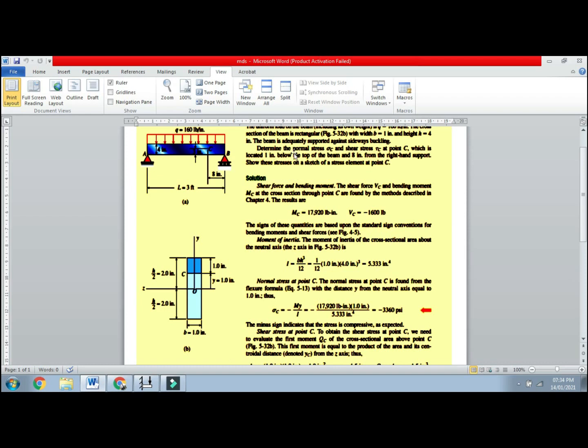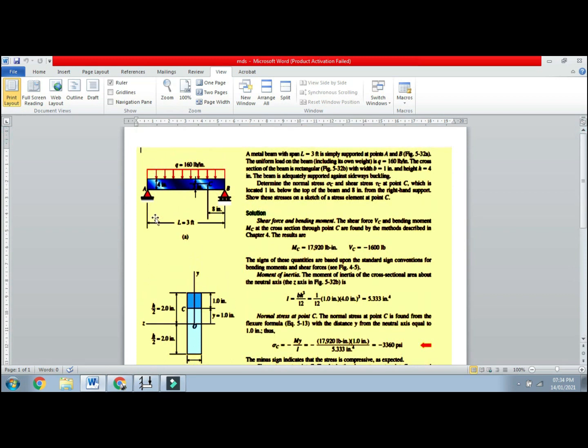Now you need to determine the normal stress and the shear stress at point C, which is located 1 inch below the top of the beam and 8 inches from the right-hand support of the beam. Show these stresses on a sketch of a stress element at point C.